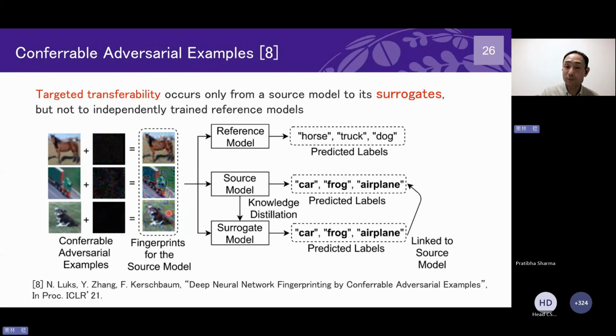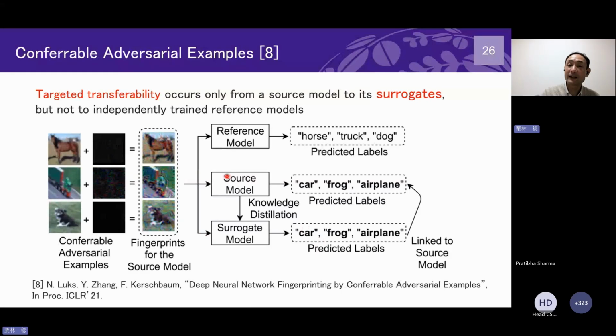So the adversarial example can work correctly to fool the model. In the case of the surrogate model, the model is slightly modified from the original, and this adversarial example still works correctly, so the output will differ from the original label.